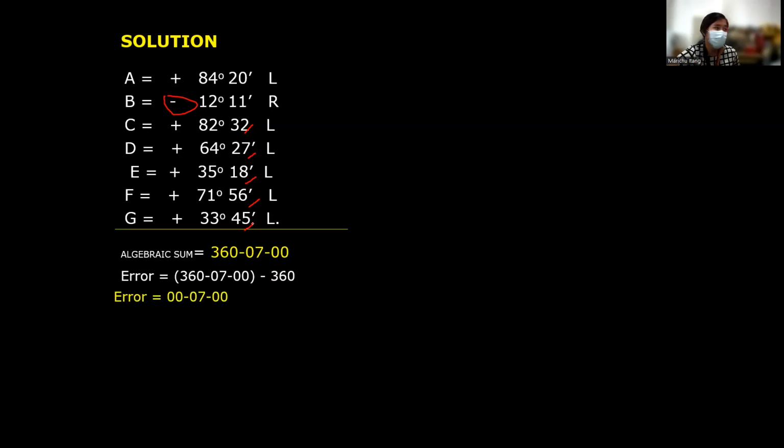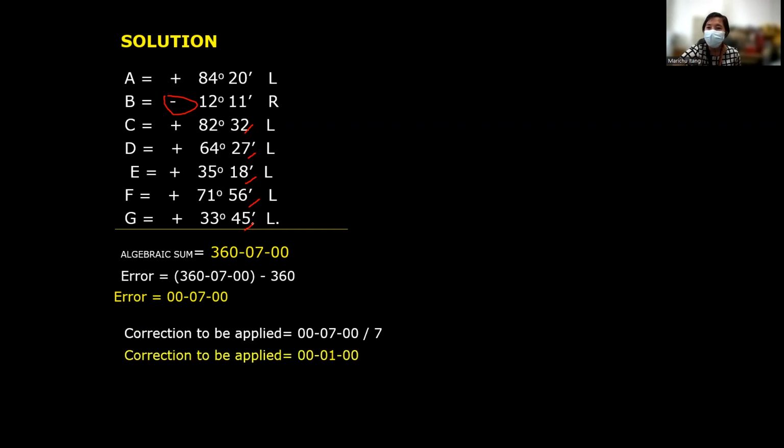This 7 minutes, we are going to divide into how many observations, since we have A, B, C, D, E, F, and G. So we have 7 deflection angles. So our error of 7 minutes is divided by 7. So yung correction na i-apply natin in each angle is equivalent to 1 minute.